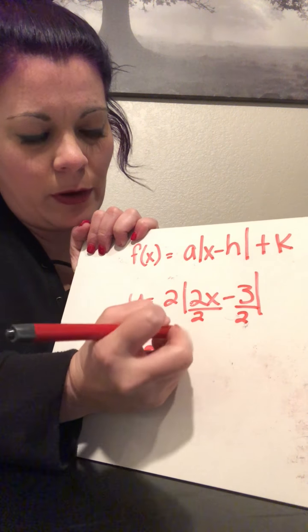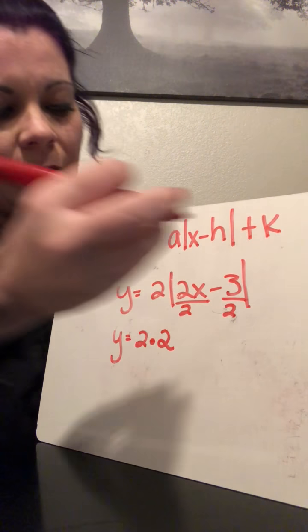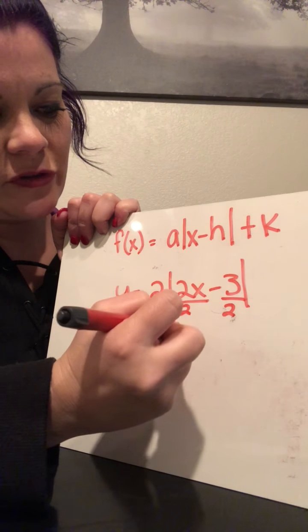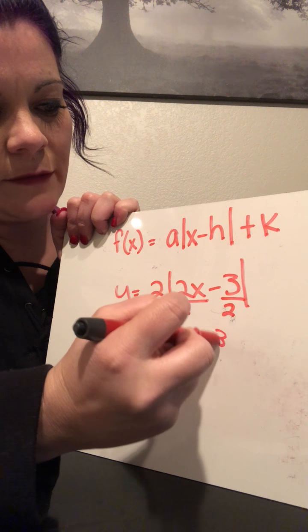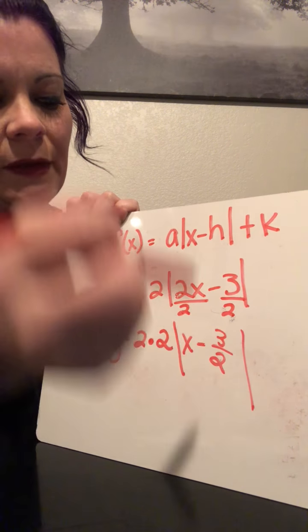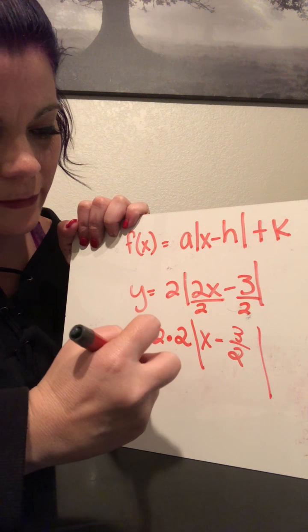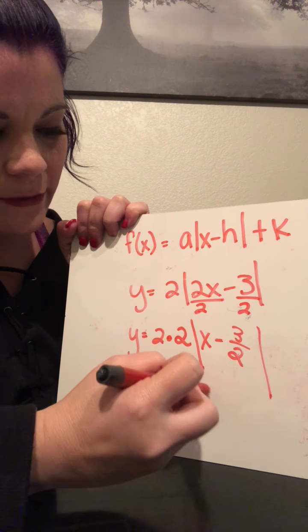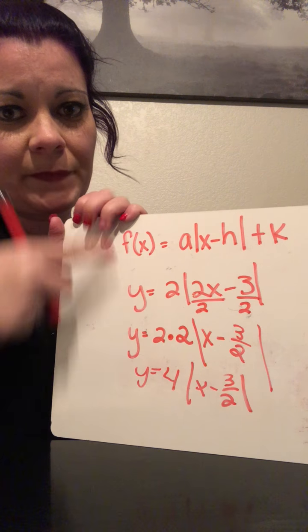So here's the 2 on the outside, and then I took out a 2 as well, and 2 divided by 2 just leaves me with x, and then you can just leave that as -3/2, okay? So now 2 times 2, that's 4 on the outside, and now it's written in this form, okay?